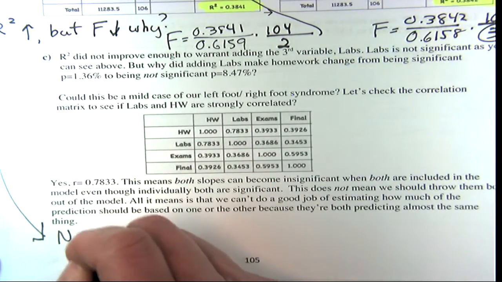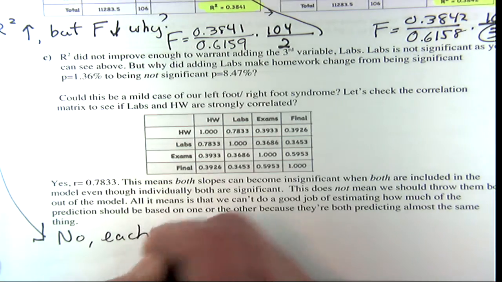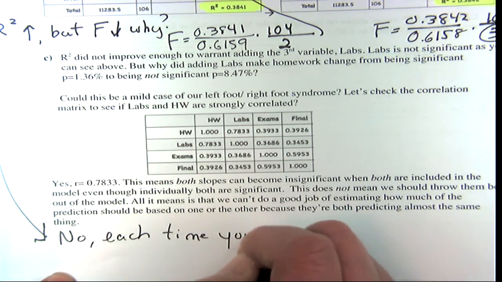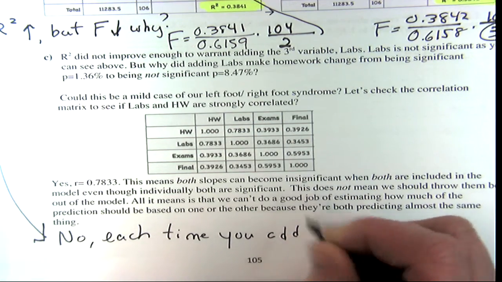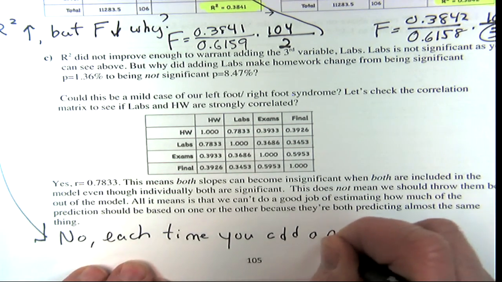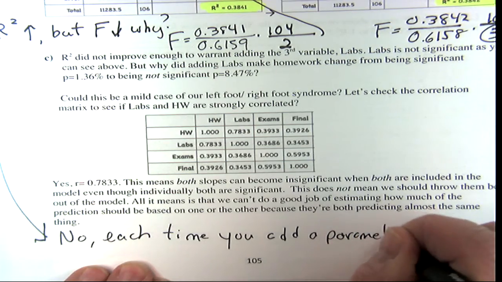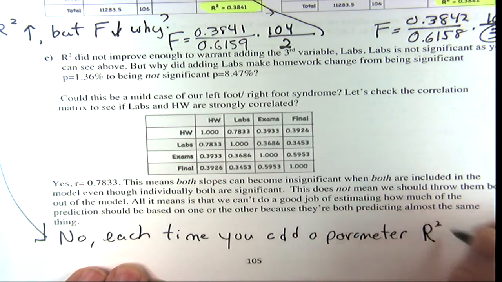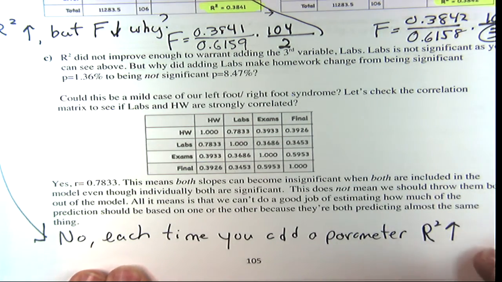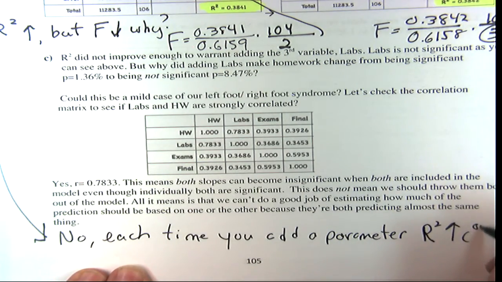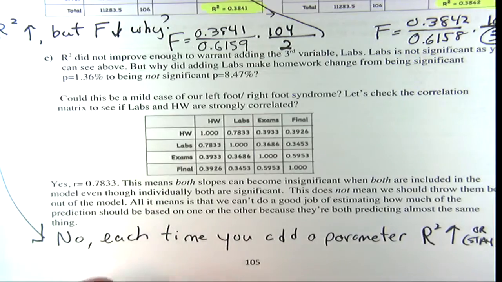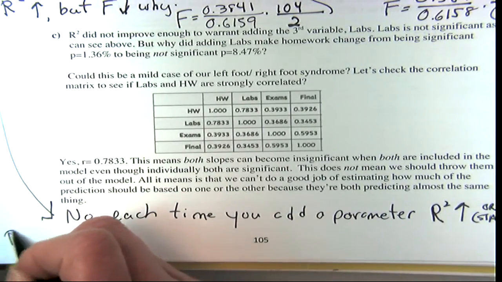Each time you add a parameter to a model, R squared will go up or stay the same, right? It will never go down. But, and this is a big but, it costs you a degree of freedom.